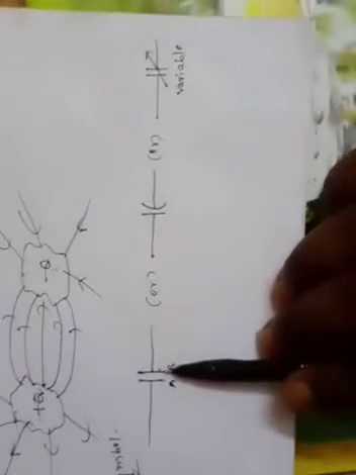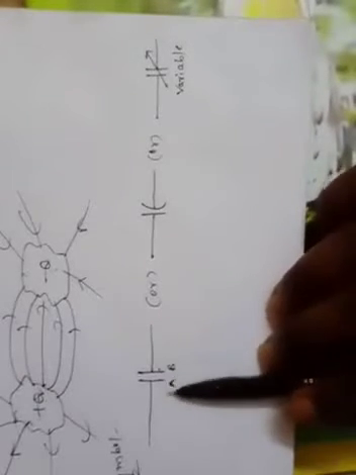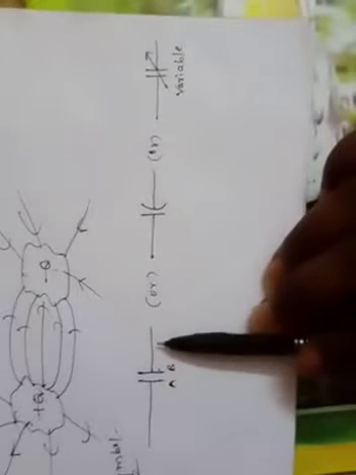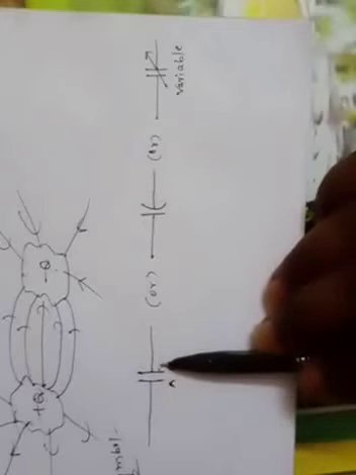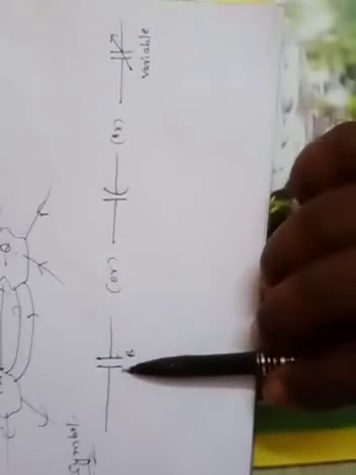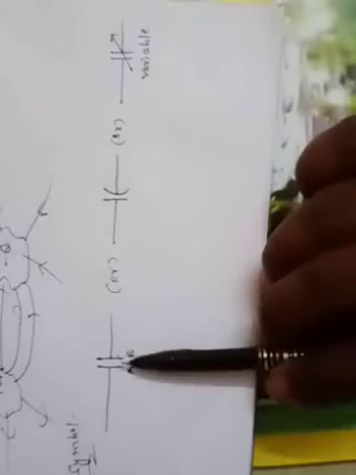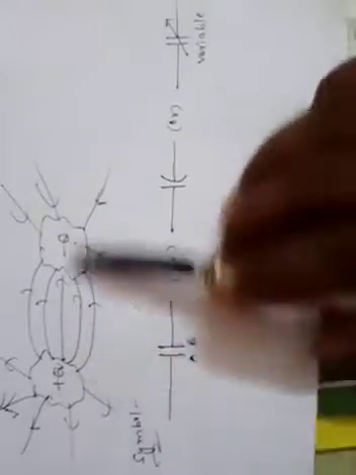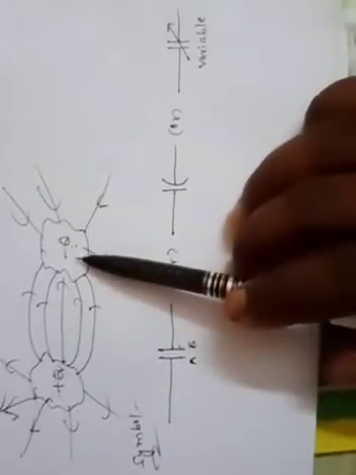These two vertical lines represent the conductors and the horizontal lines represent the wires connected to either conductor. Next, how many conductors have we taken here? Two conductors. We can take a combination of two conductors of any shape, so here I have taken a general structure. We can take these two conductors in any shape.